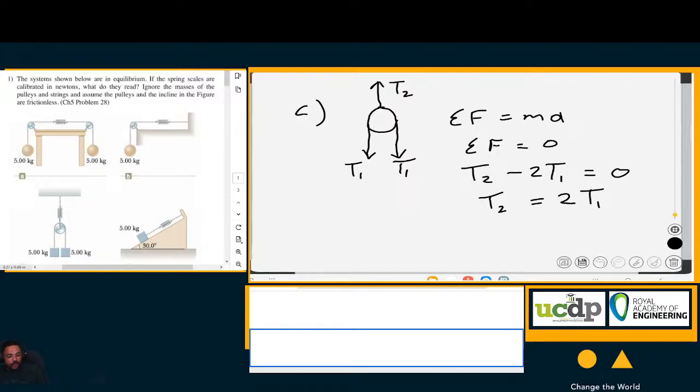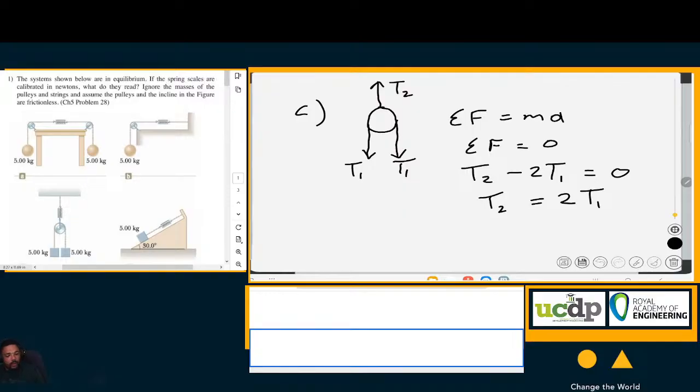Let me just repeat this part. So in part C, we have this situation. We want the tension T2. We have two masses on both sides. Each of them is 5 kilograms, so the tension would be the same for both of them. So we call them T1 and T1, and then we have a tension holding this whole system up on the pulley, which is T2, and it's T2 that we want.